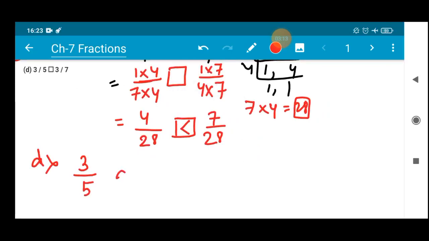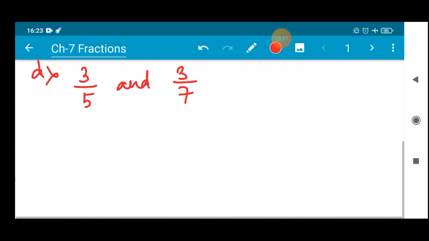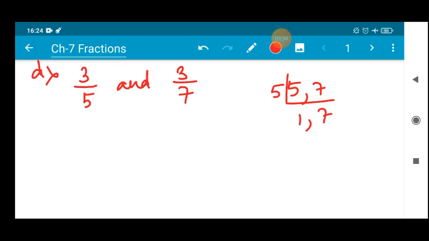3 by 5 and 3 by 7 we have to compare. Here you can easily see that the denominators are totally different, and the numerators are also different, right? So for this also, let's use the same logic: find the LCM of the denominators given to us. 5 and 7 are prime numbers, so the LCM of these two numbers is 5 into 7, which is 35.